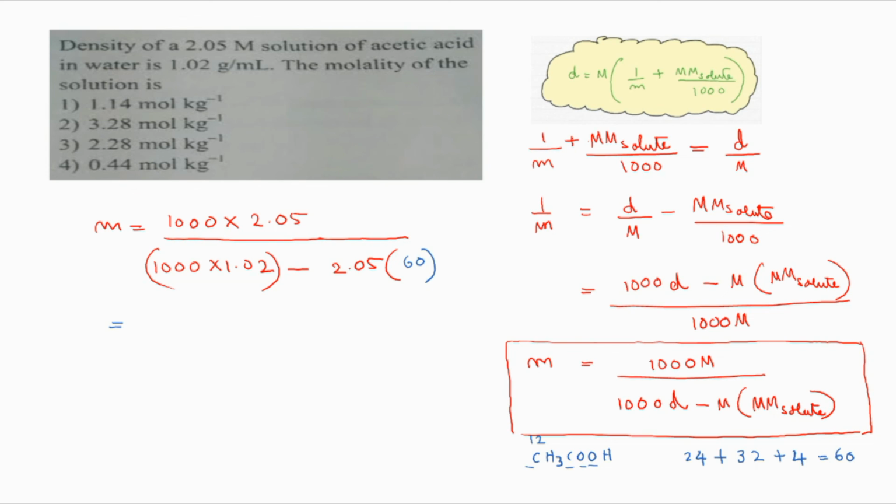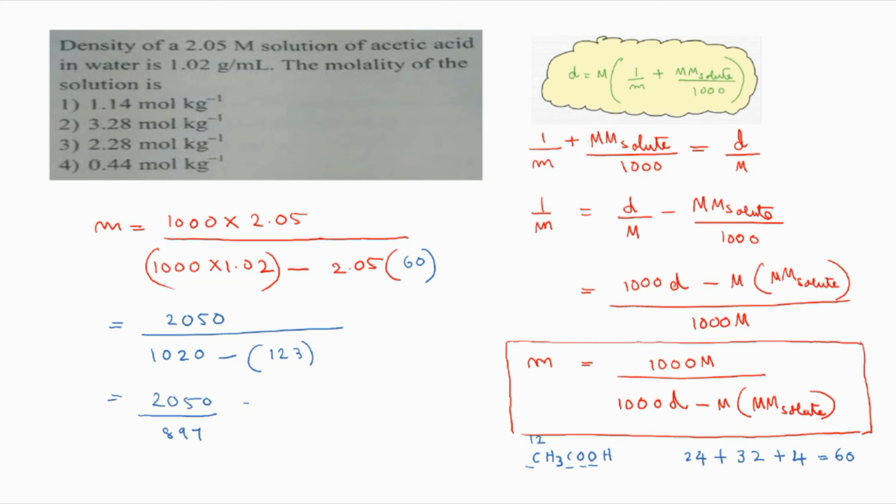So this will be equal to 2050 divided by 1020, minus 2.05 into 60, which is 123. So that will be equal to 2050 divided by 897.